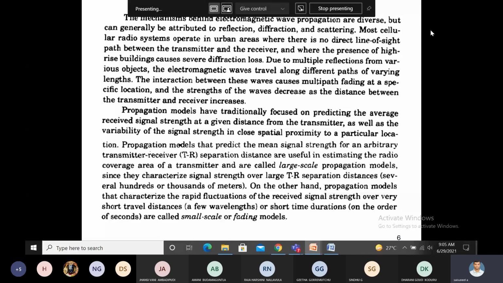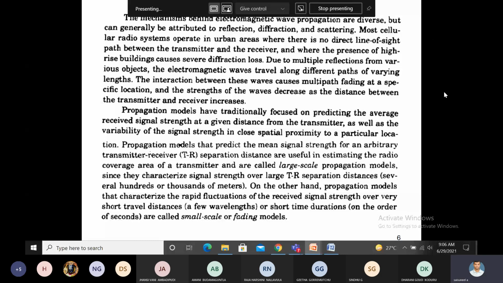We get reflection, diffraction, and scattering whenever obstacles are present between transmitter and receiver. Especially in urban areas we get these three problems. Why? Because high-rise buildings are present. There is no direct line of sight path between transmitter and receiver. Due to high-rise buildings, we get diffraction losses.